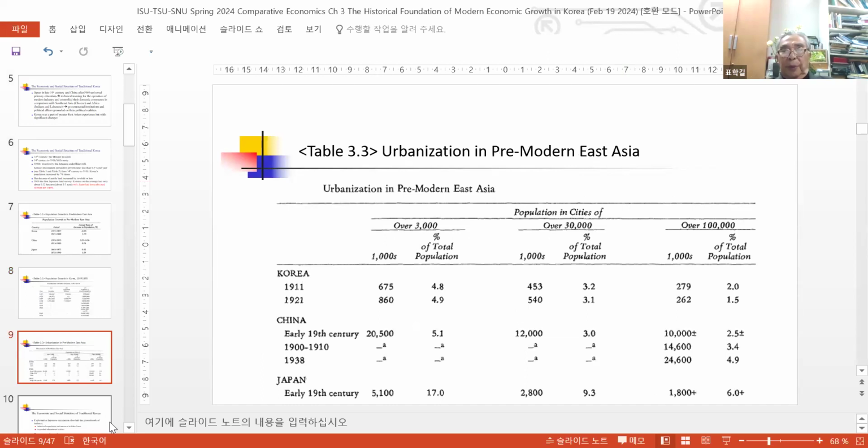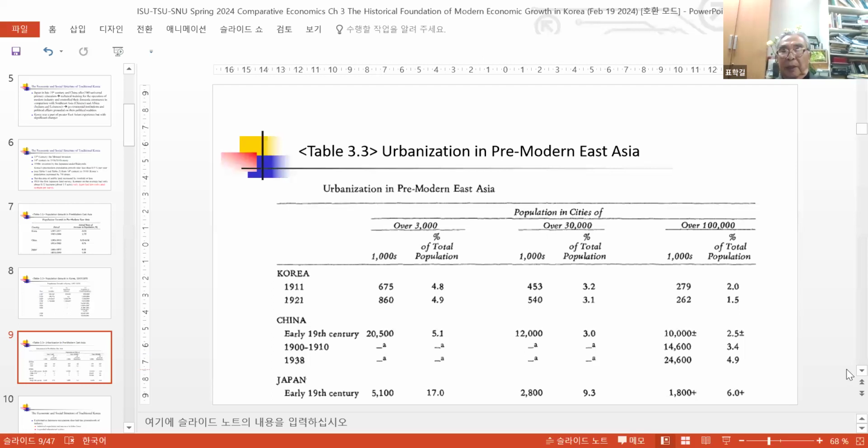And you can see the urbanization in pre-modern East Asia. For example, the number of cities over 100,000 people as a percent of total population, in the last column: Korea was only 2.0, 1.5%, but China around 3 to 4%.